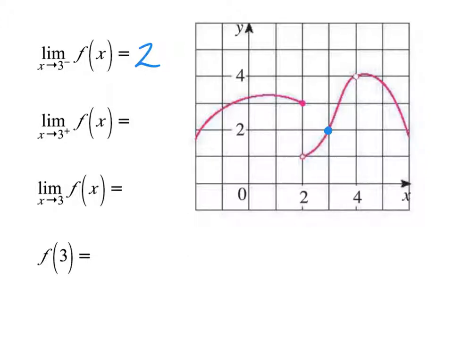All right, now we do the next one, which is the limit as x approaches 3 from the right side. And so you notice I start on the right side, I'm just following the graph along. Now as I get really close to 3, what is this graph approaching? And again, from the right-hand side, as I get along here, which y value am I approaching? 2. And so this one is also 2.